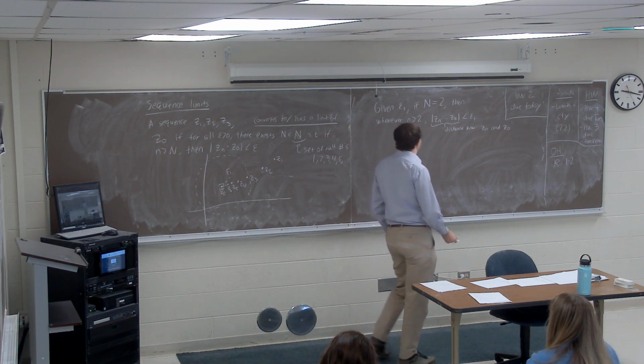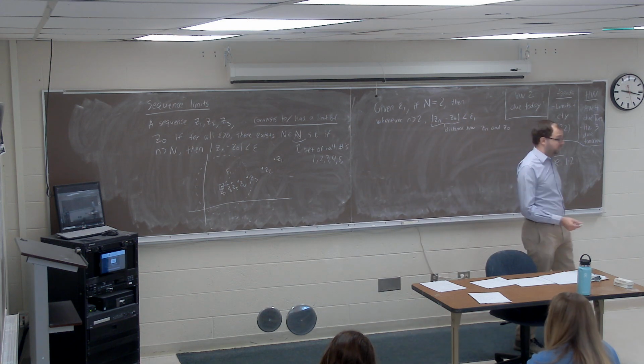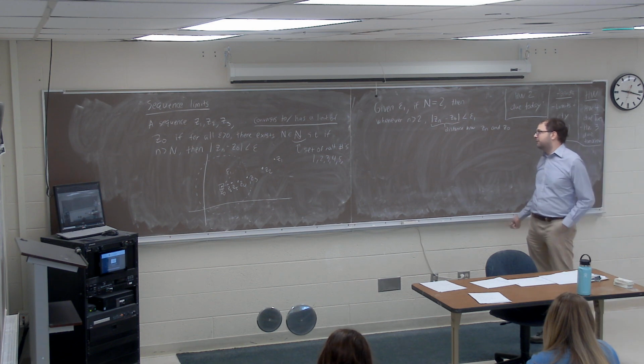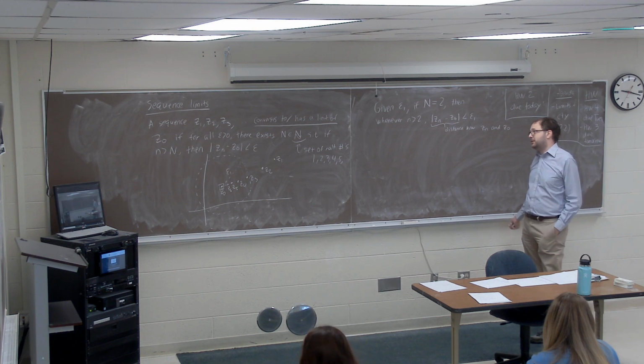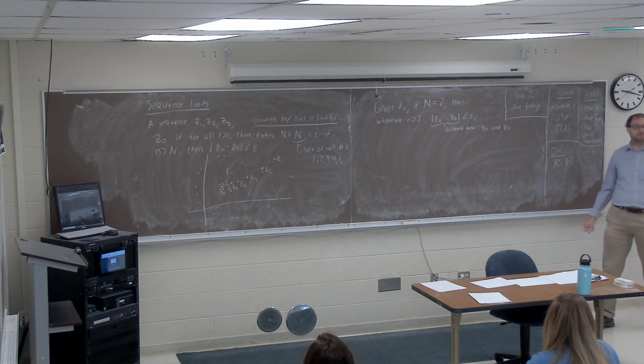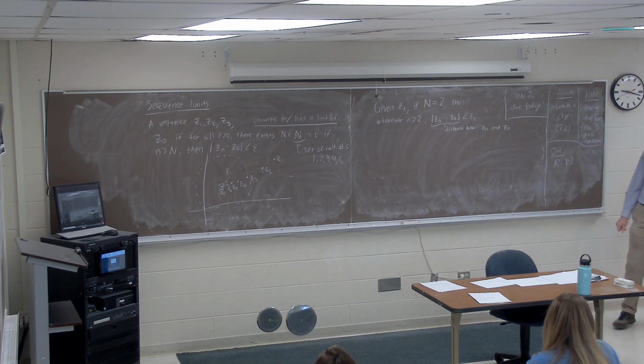So what this tells us is for this specific value of epsilon, given this epsilon 1, you can find a point in the sequence past which everything has distance from z naught less than that fixed distance epsilon 1.